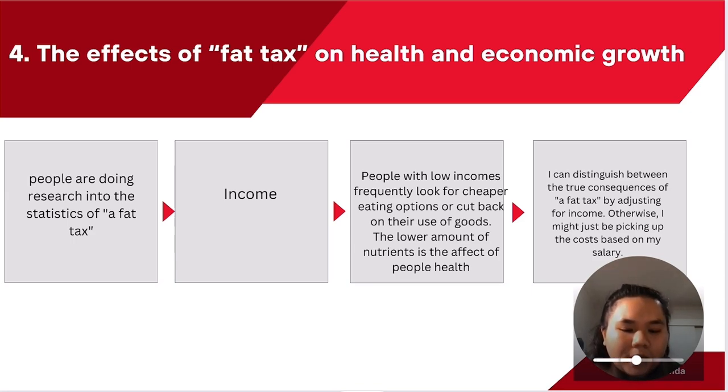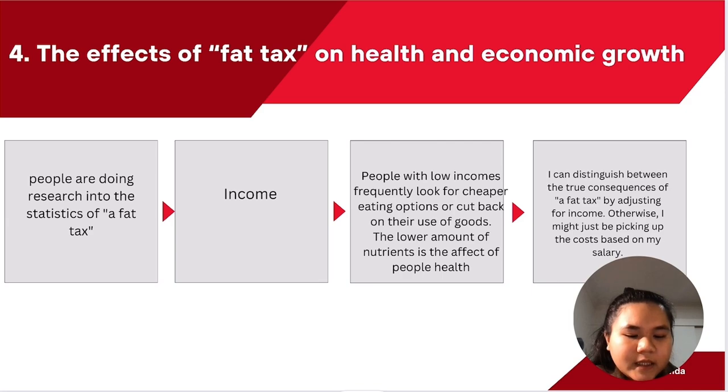I will include a confounder in my model, such as the income variable. This is due to the fact that low-income individuals presently seek the cheapest food options and consume less of it as a result of a fat tax increase in food price.